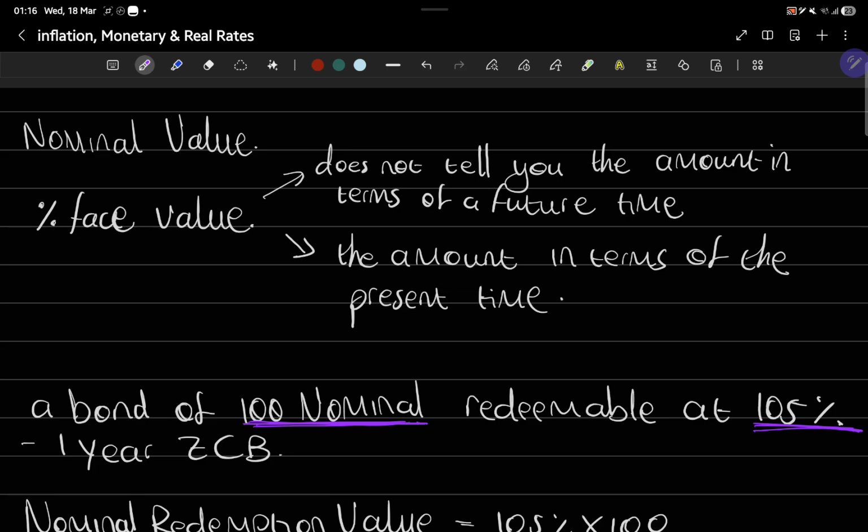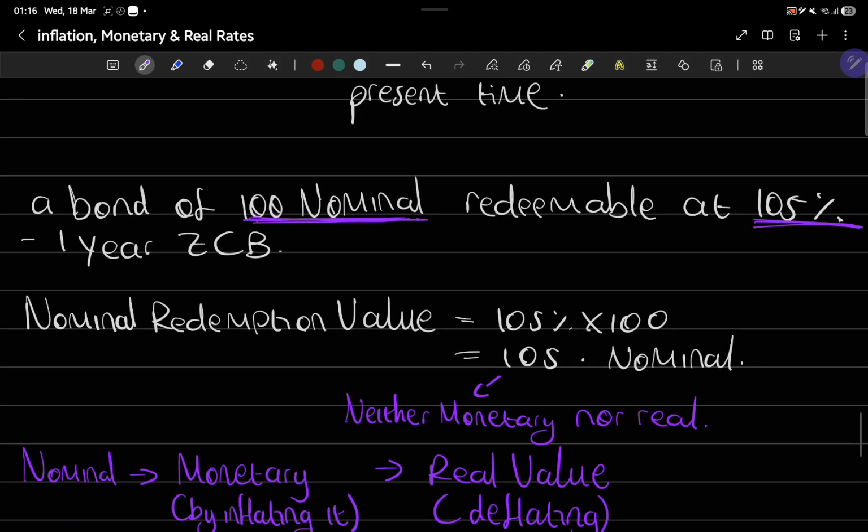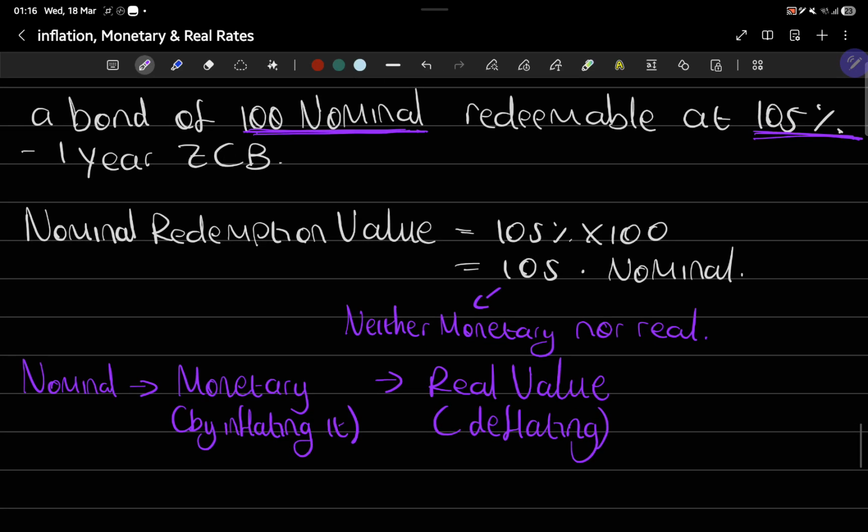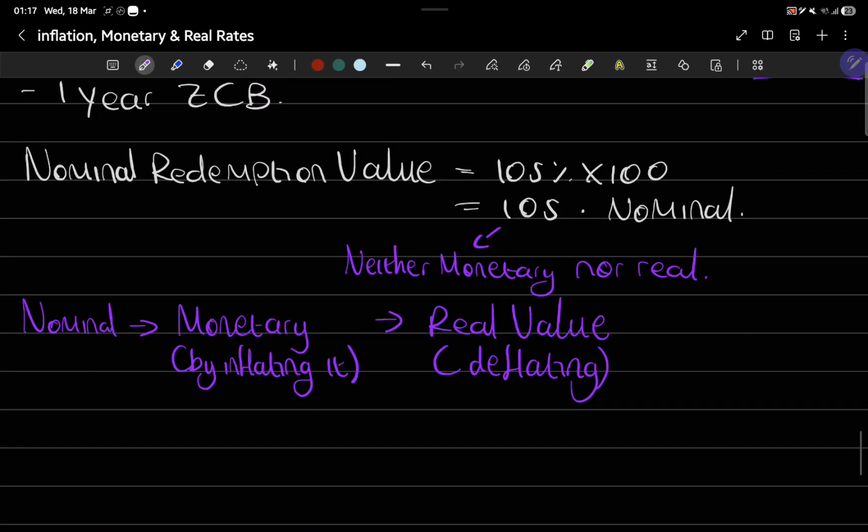So all it tells you is that you'll get a specific percentage of the nominal amount at that time, and you'll have to work out what that percentage is worth at that time by inflating it and turning it into a monetary cash flow, and you have to work out how much that particular percentage is worth in terms of time zero money by deflating it.